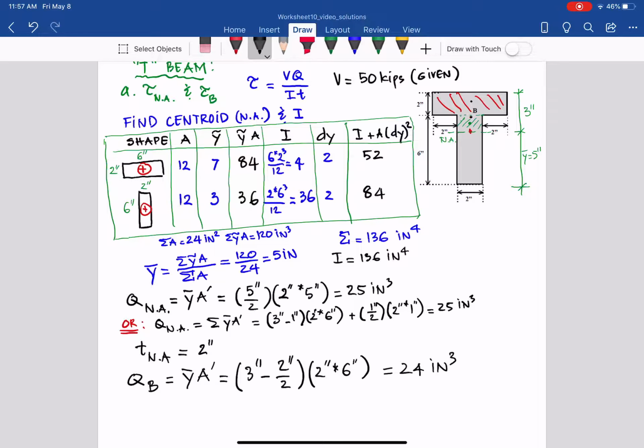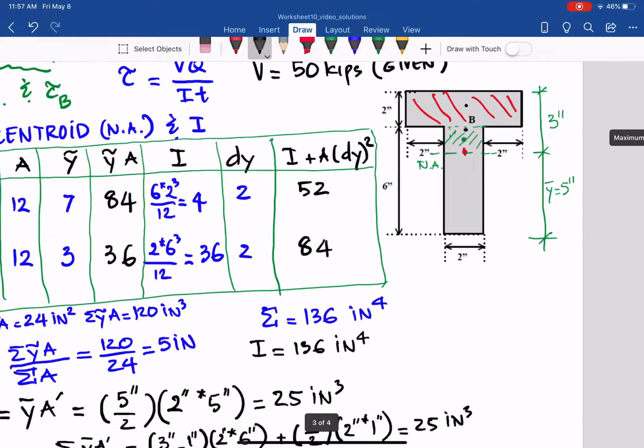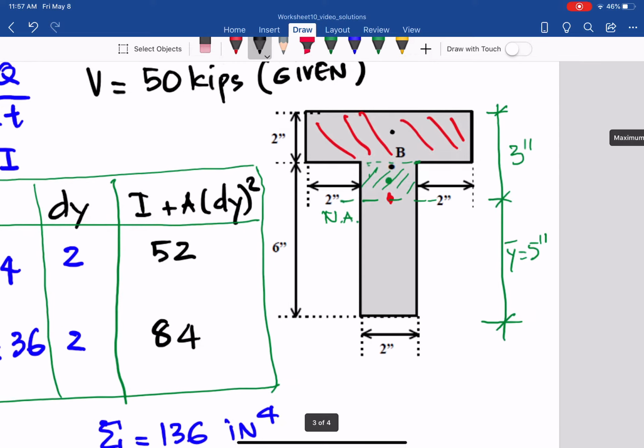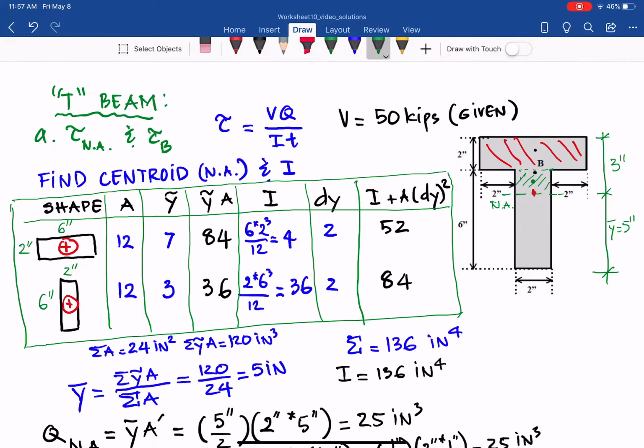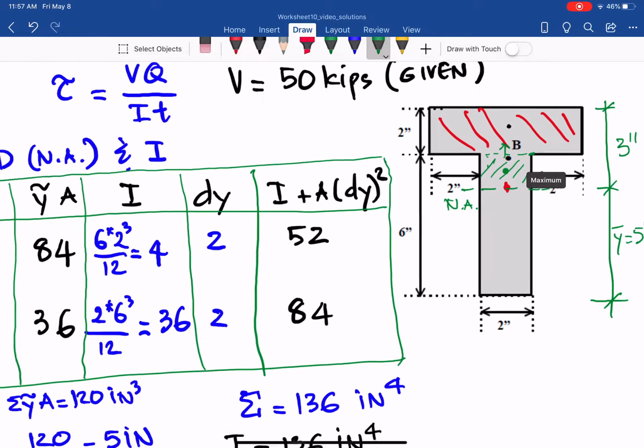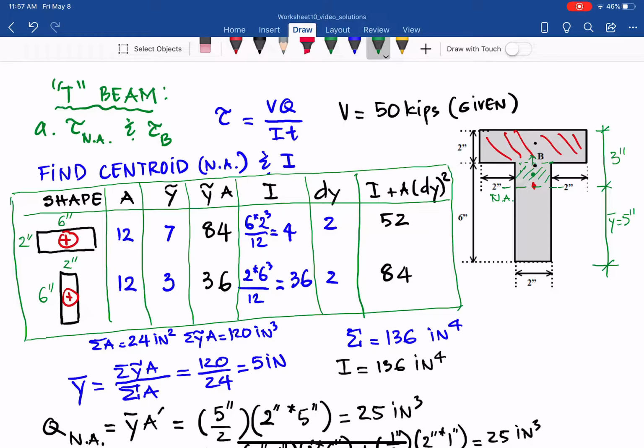And the t, the thickness at point B. As you can see, B is the intersection of the web and flange. So if you jump B a little bit up, the thickness becomes 6 inches.